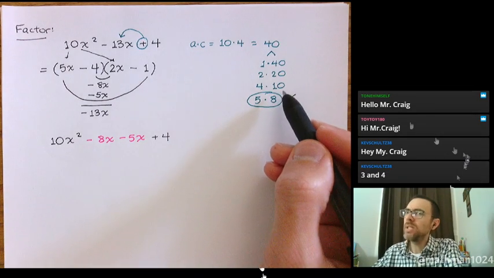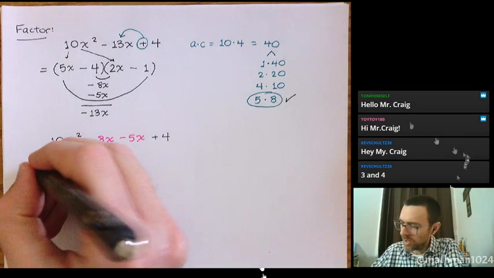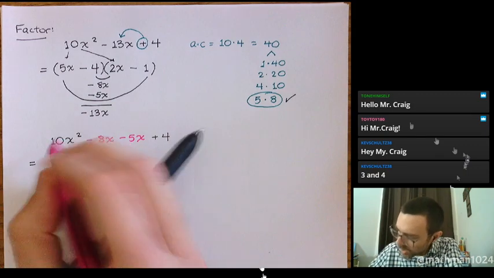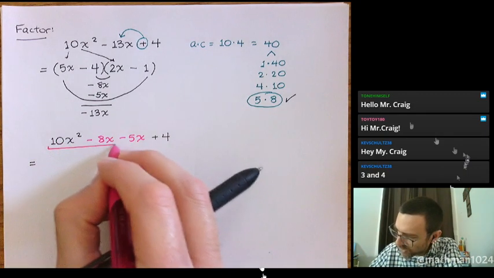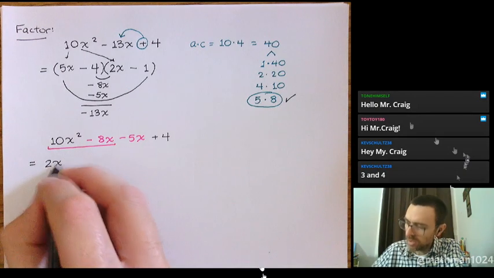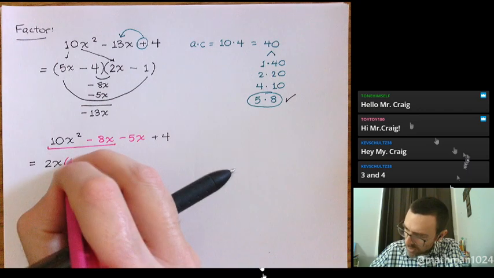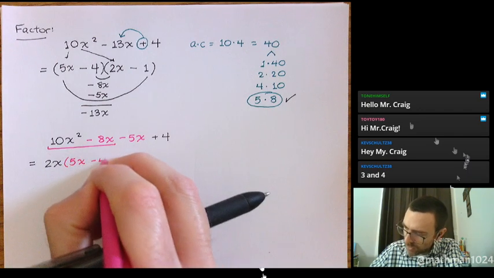Because once you think 4 and 10 has to be 13, that's a different issue that needs to be addressed. So here, the common factor in this first group is 2x. When you factor that out, 5x minus 4.